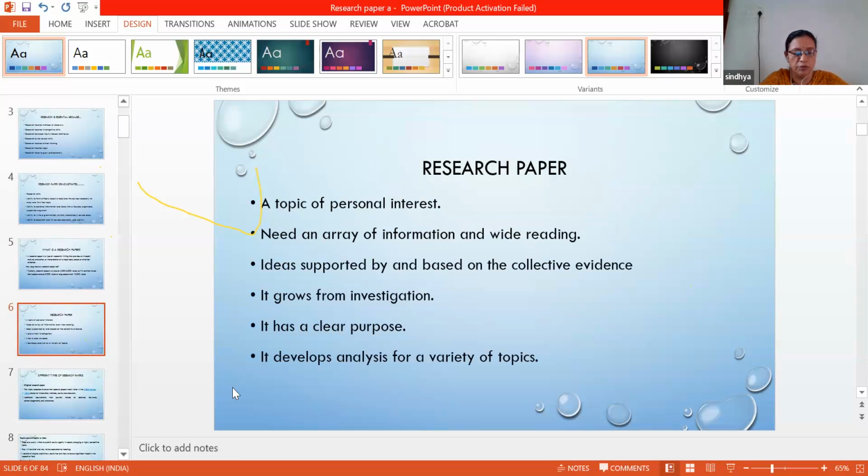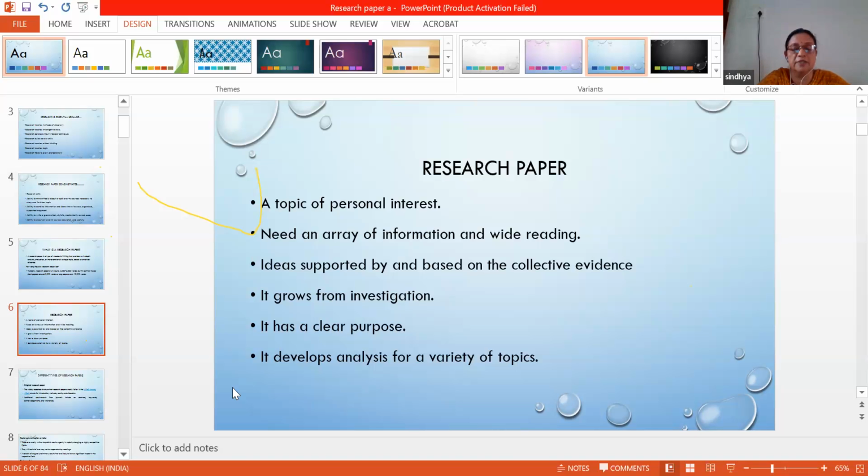So when you intend to prepare a research paper, when you select a paper or select a theme, select a topic, it must be of your own personal interest, because your interest shows the in-depth involvement in the research process. When the researcher is involved in the research process, only then will that research be a qualitatively enriched product.